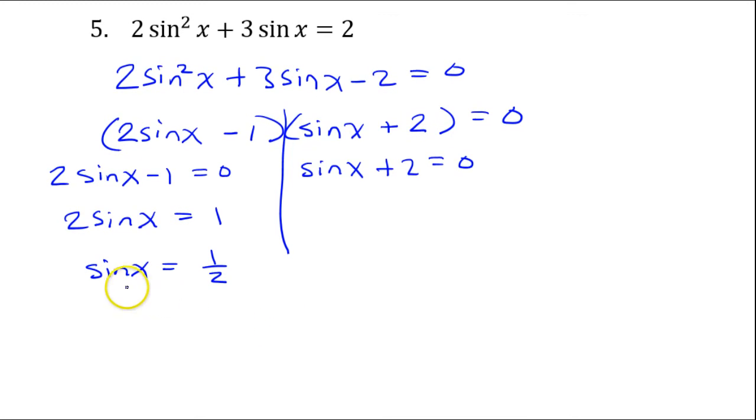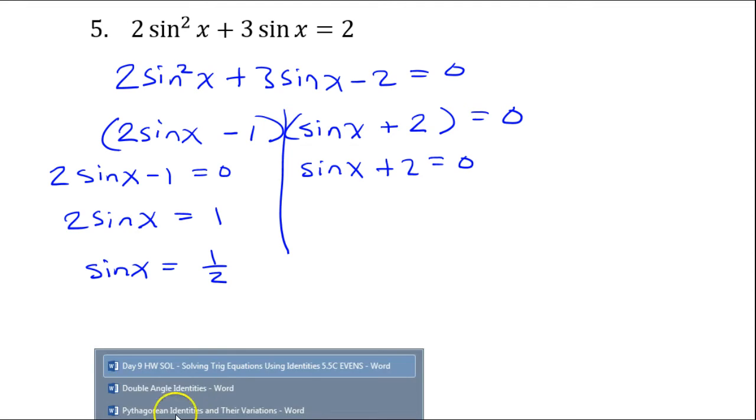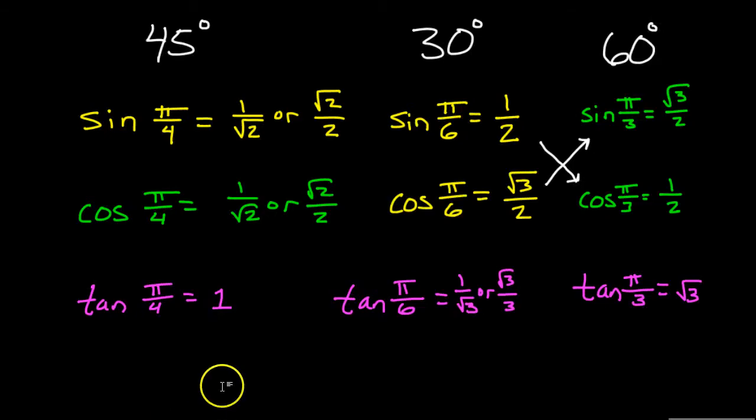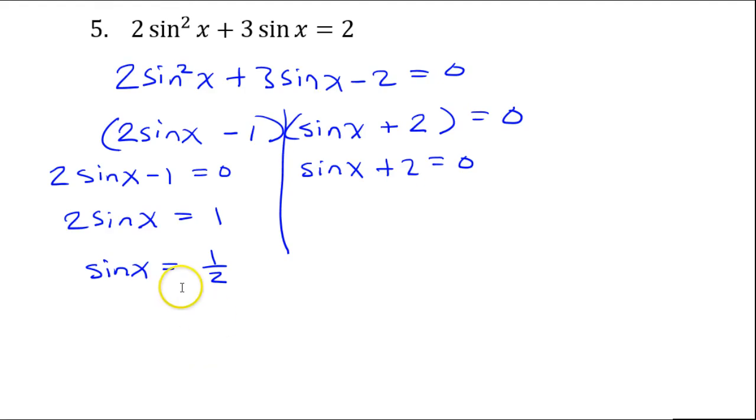At what angle, the sine of what angle is equal to 1/2? Well, remember those facts you're supposed to memorize. Sine of pi over 6 is 1/2. Memorize that. That tells me that the reference angle is pi over 6. That doesn't give me the answer. It just tells me the reference angle.